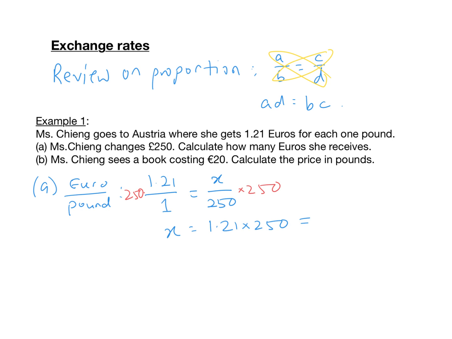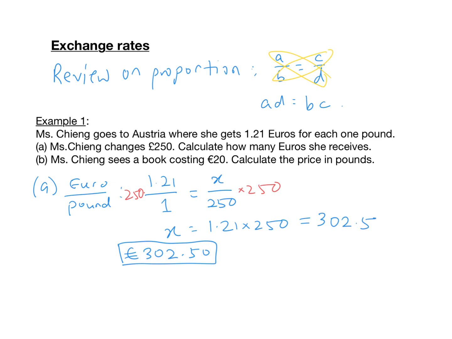You can use a calculator to evaluate this, and you should get 302.50. So the answer, how many euros she receives, will be, using the euro symbol, €302.50, and because it's money, I put it to 2 decimal places.